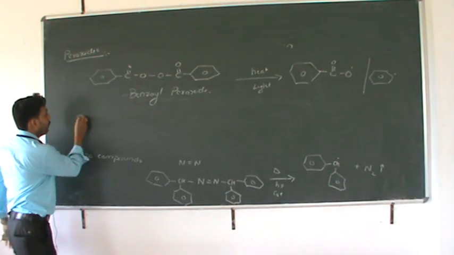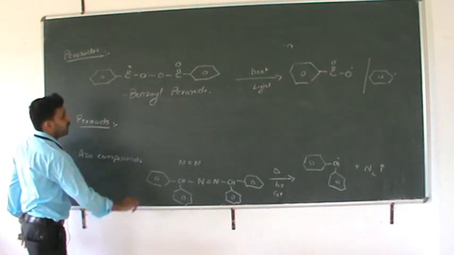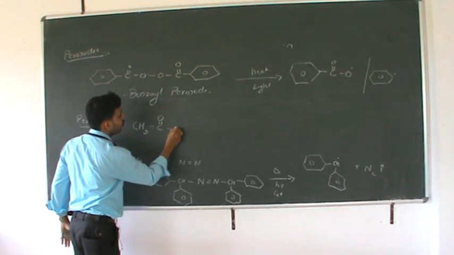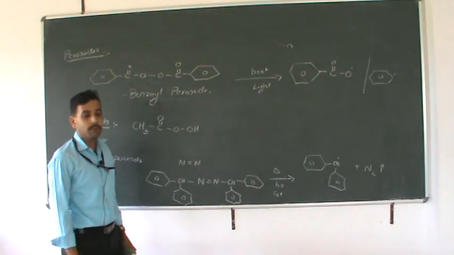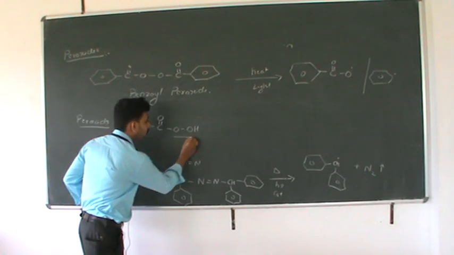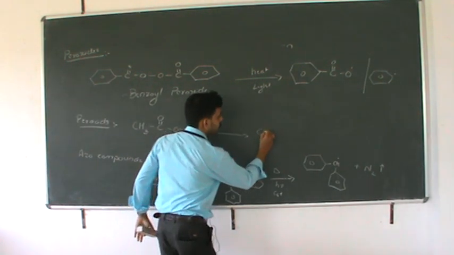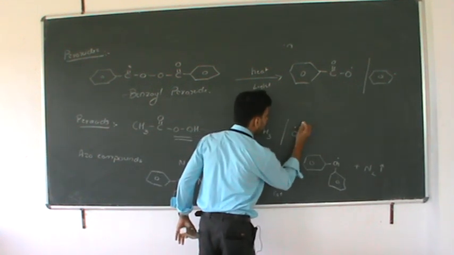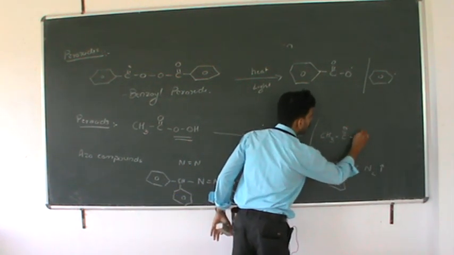And the next one is peracids. An example is CH3COOOH, peracetic acid. It is also a thermally unstable material. It decomposes to CH3 radical, OH radical or CH3 C double bond O radical.